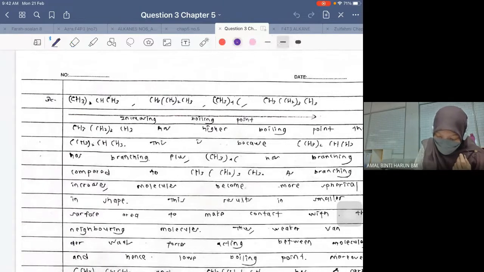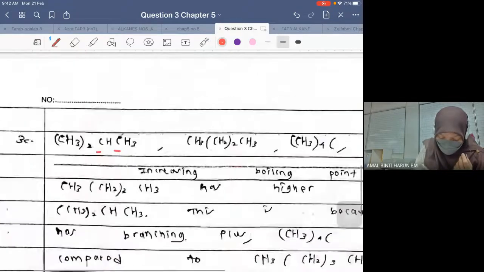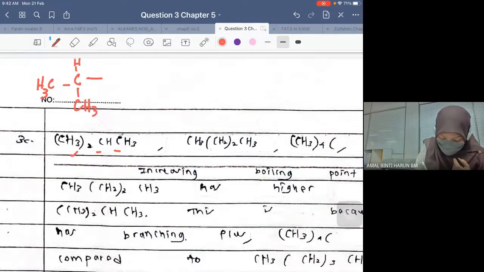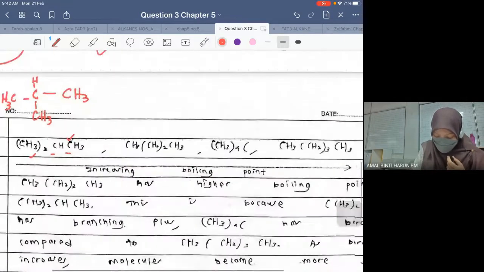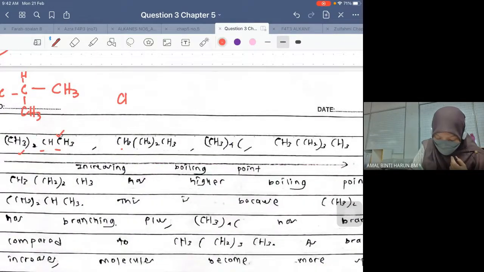Here we have 1, 2, 3. Okay, expand the structure. CH and then CH3 and then this one CH3. Okay, then this carbon CH3. Okay, the other one is CH3 and then we have 2 CH2.